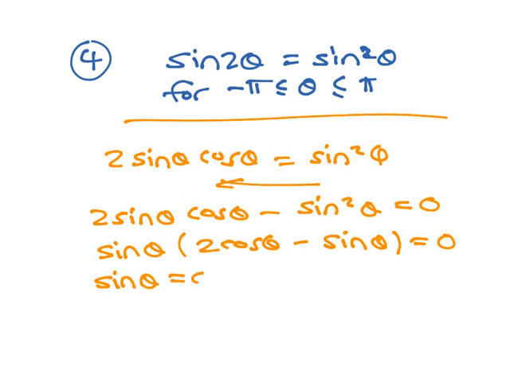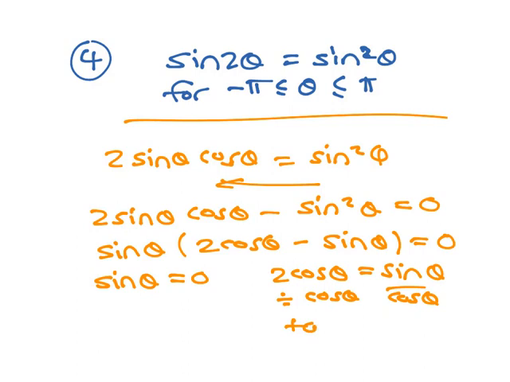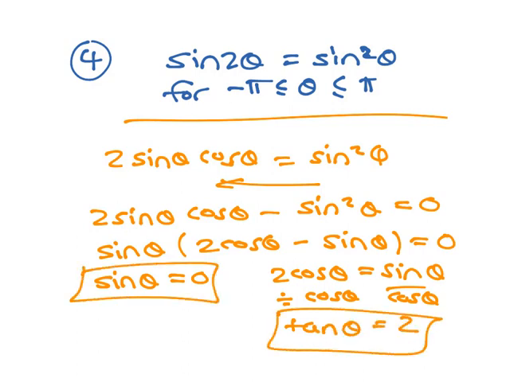So sine theta equals 0, and 2 cos theta equals sine theta. If you divide both sides by cos theta, that means tan theta will equal 2. Sine theta is 0 at minus pi, 0 and pi.